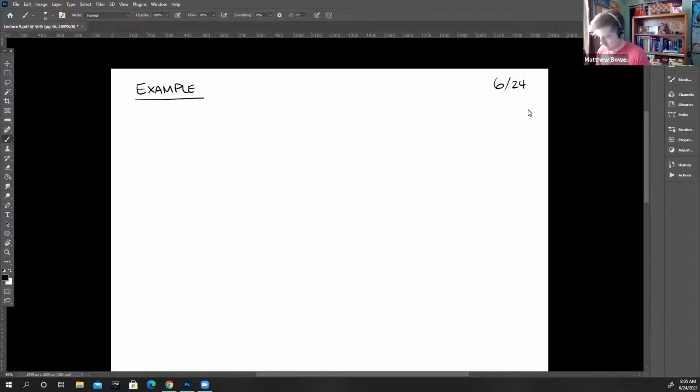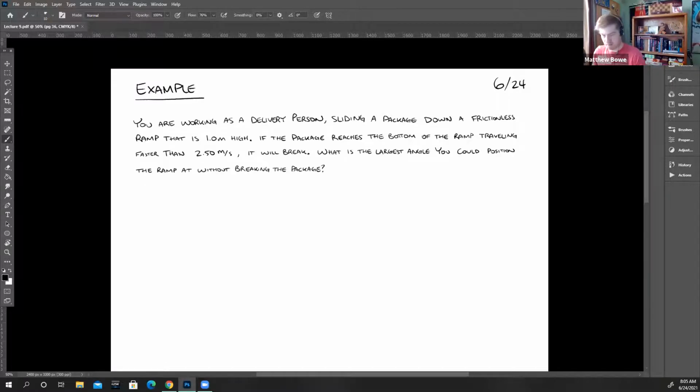Okay, so first example we're going to do today is you are working as a delivery person and you're sliding a package down a frictionless ramp. This ramp is 1 meter high.